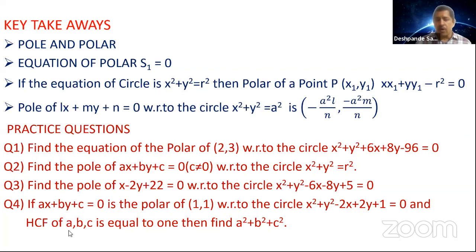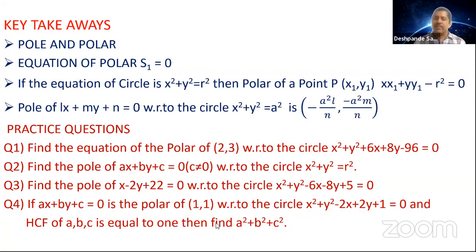Now the condition given is HCF of a, b, c is equal to 1. What is the meaning of it? It means that the three terms have only 1 as a common factor. So you can say that the coefficients should be equal to 1. Earlier you had taken the coefficients as equal to k, so the value of k should be equal to 1. So revisit the result which you have discussed; instead of k, you take it as 1, because it is given that HCF is equal to 1.